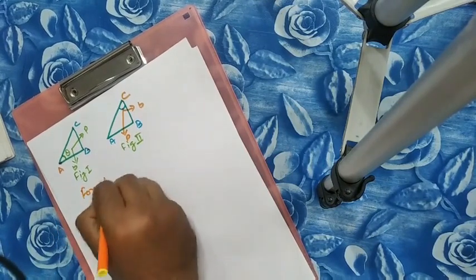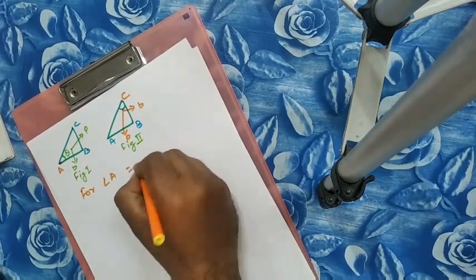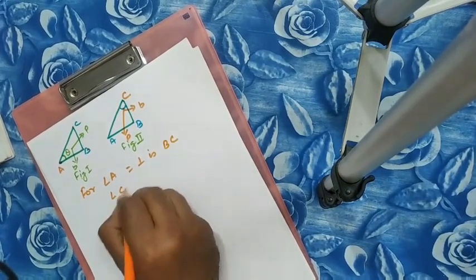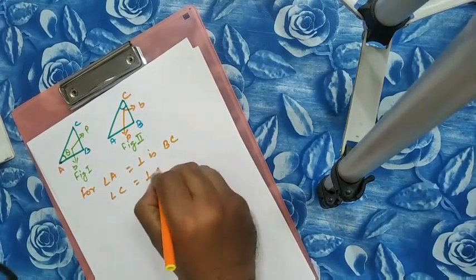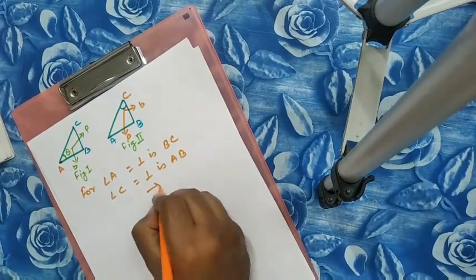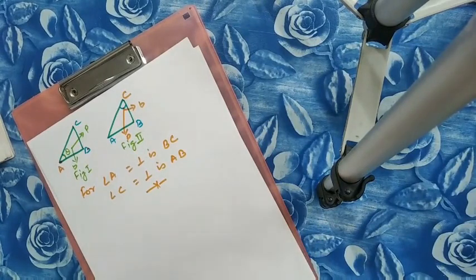For angle A, the perpendicular is BC, and for angle C, the perpendicular is AB. This will be our basic. Understand this first, then we will go further.